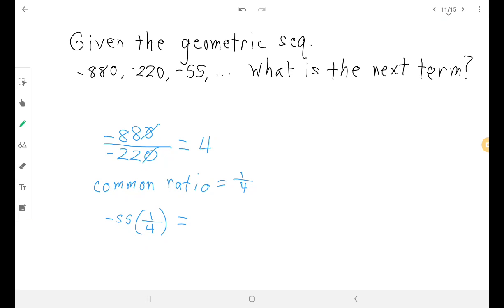Negative times positive is negative. Then multiply just the number, because we already dealt with the negative, by the top only, and I get 55 over 4, so negative 55 over 4 is my next term. I'll pause for a moment, let you look at that.